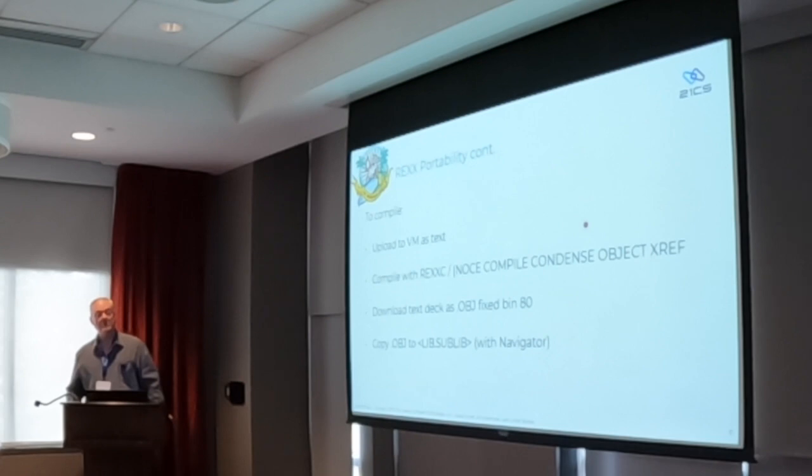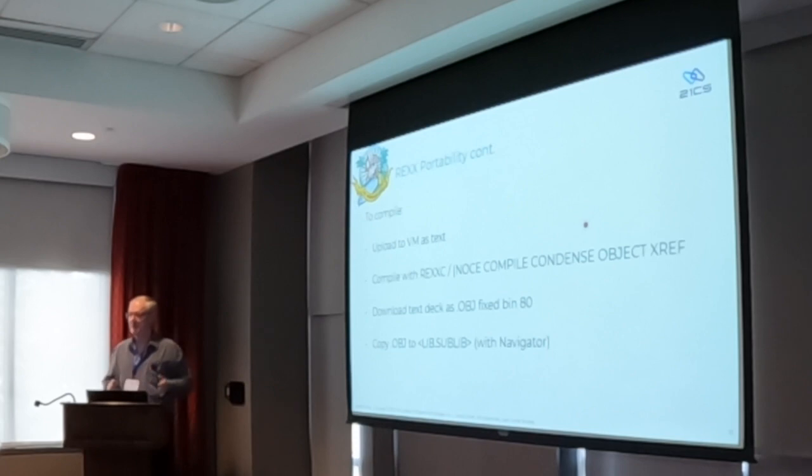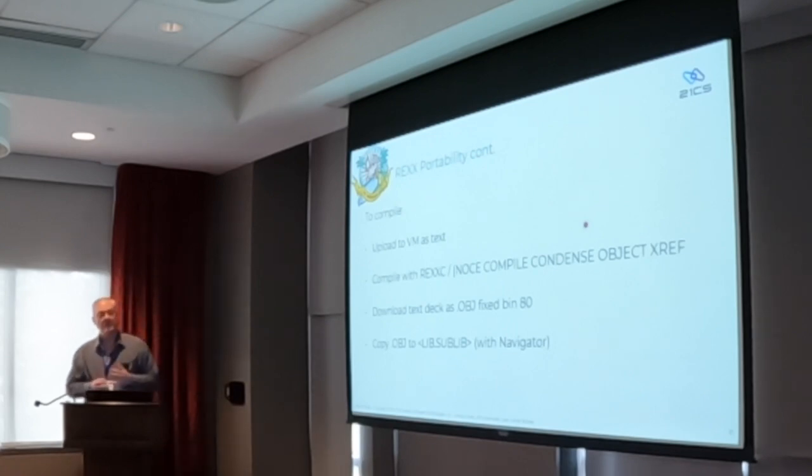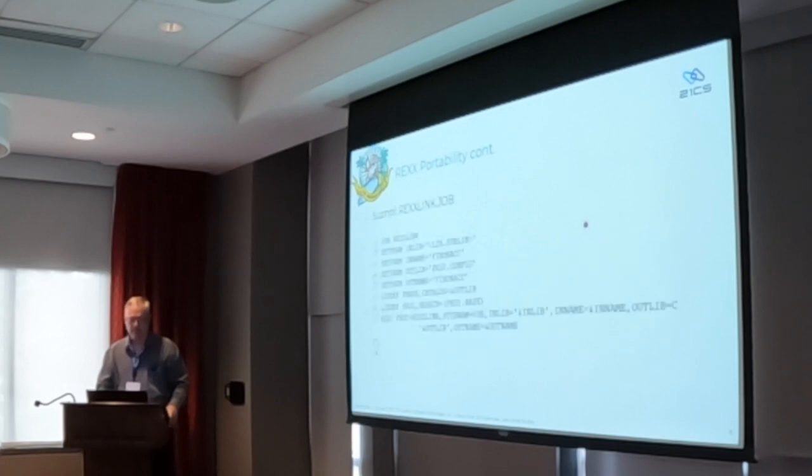What you get is an 80 character text deck, because VSE needs any objects to be fixed 80. You download that text deck as an OBJ file, fixed binary 80. Then, I use Navigator, you need to put that object in a library somewhere, of your choice.